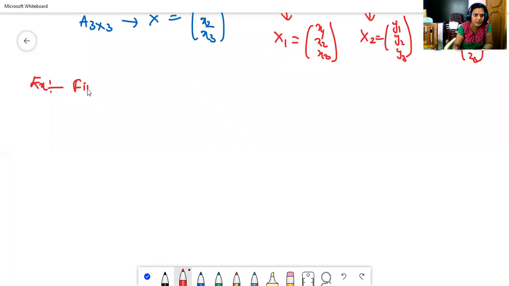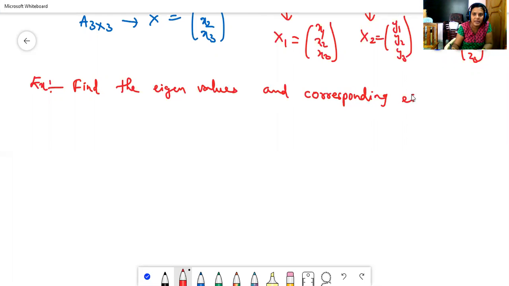Find the eigenvalues and corresponding eigenvectors of A equal to 3, 2, 2, 1, 2, 2, minus 1, minus 1, 0.